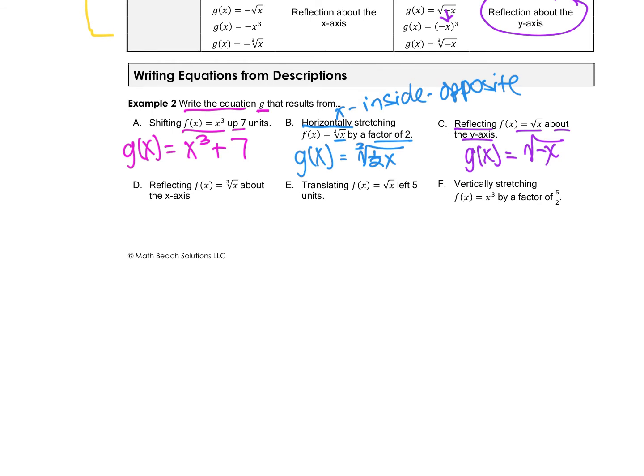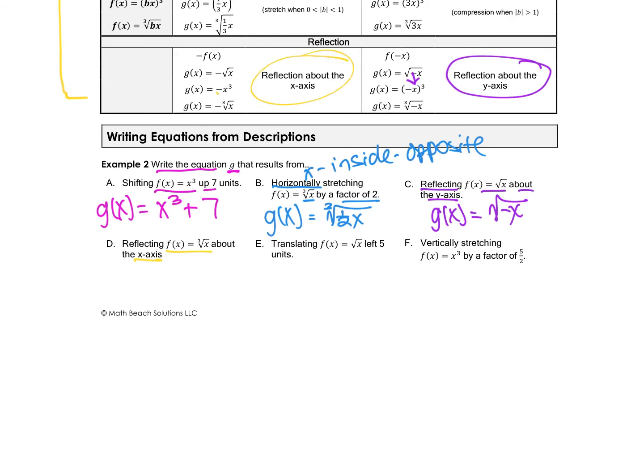Okay, so looking at the next one, we're reflecting the cube root of x about the x-axis. So the x-axis reflection is on the outside. So we'll have function G, we'll have a negative on the outside, and then take the cube root of x.